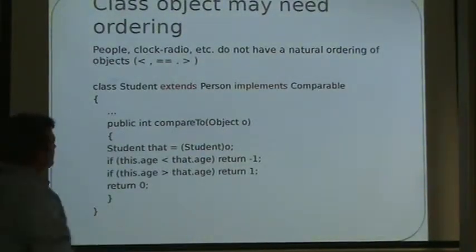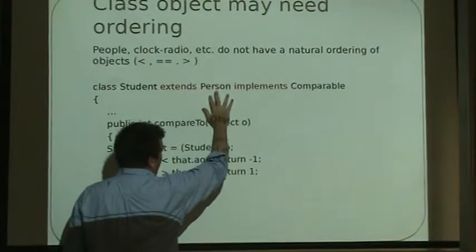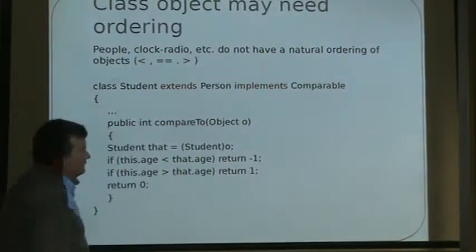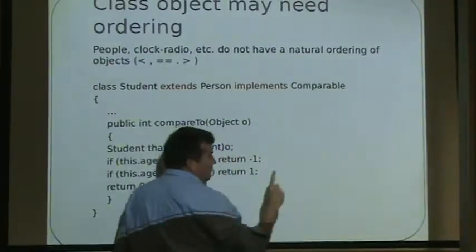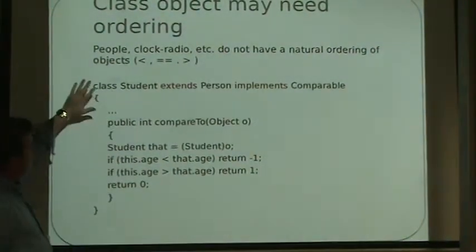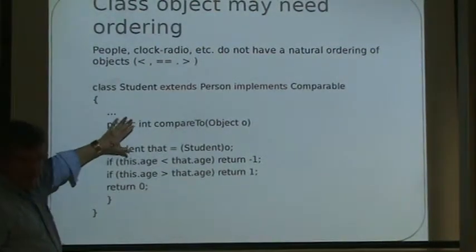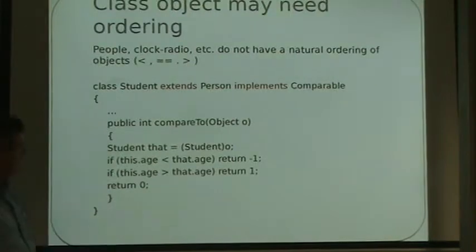define that. So what you can do is you can say a class student, which extends a person and also implements comparable. Now, because the interface comparable only has one method in it, and it's the method compareTo, you're now required to supply it. And then in that method, you describe what it means to be greater than, less than, or equal to.